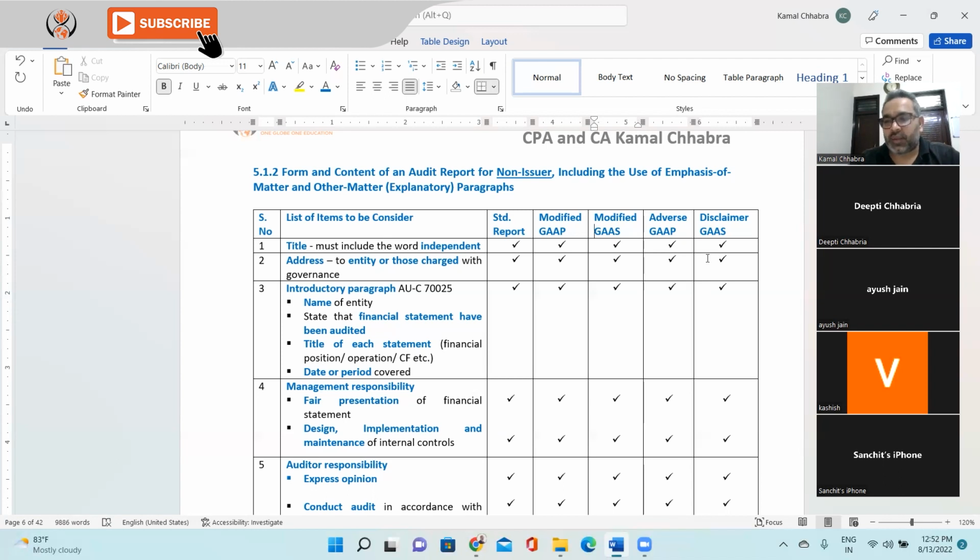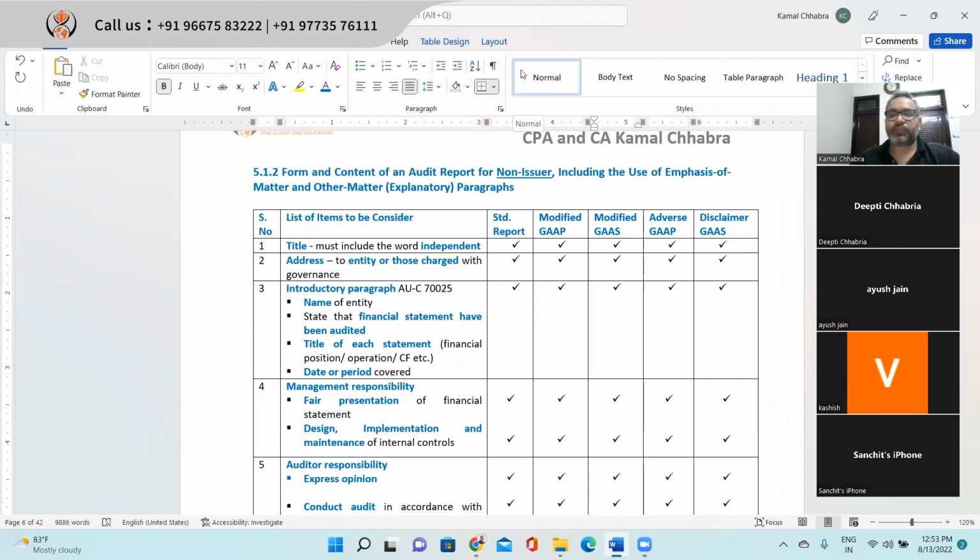And when there is a GAAS issue with material or pervasive impact, it is a disclaimer of opinion. So for all 5 types of reports, the paragraph you need to consider is marked with a tick, yes. The paragraph you are not required to consider in the respective report is marked as a cross, right? Thumb rule: what is tick, you need to consider in the respective report. What is cross, you are not required to consider in that respective report.